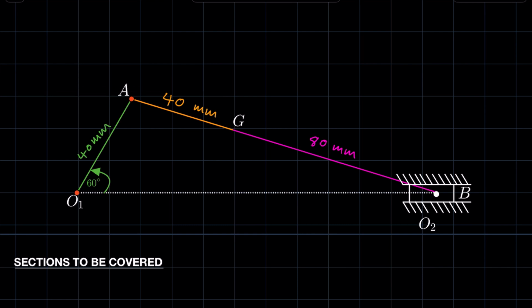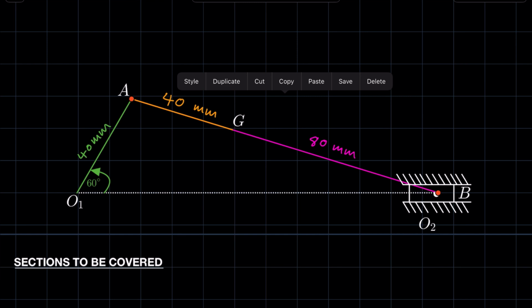Now, when the crank rotates clockwise, the connecting rod is essentially going to have a combination of translation as well as rotation. Remember, translation is essentially linear motion, motion in a straight line. So in order for there to be some kind of translation, the connecting rod also has to rotate.